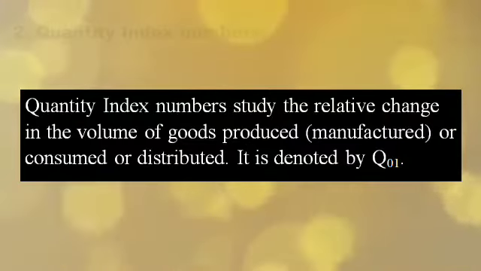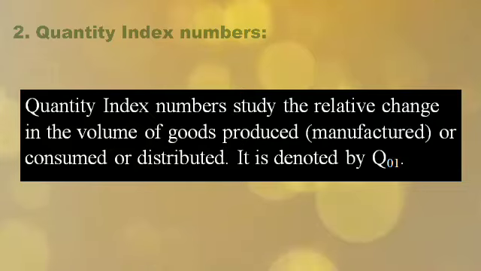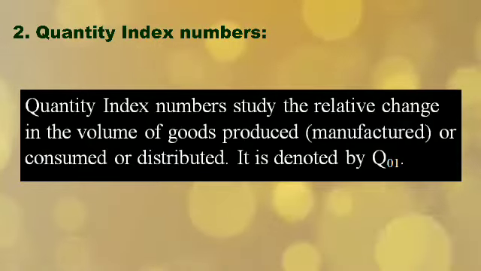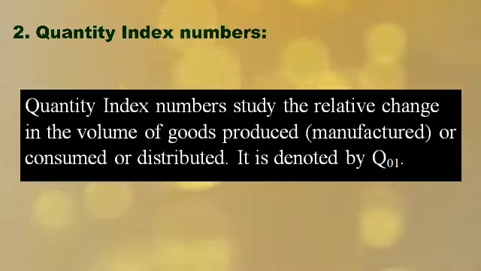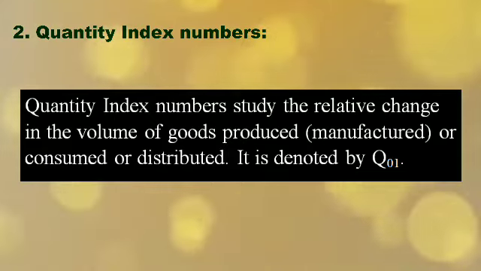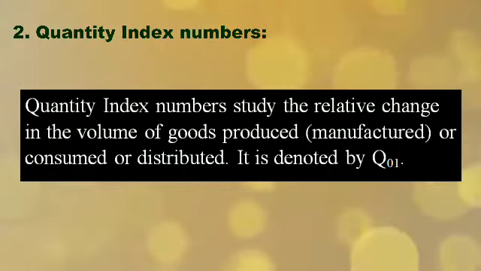Second one, quantity index number. It is quite similar to the price index number. Under price index, you are comparing the price value. In quantity index, we are comparing the quantities between the base and the current year. Quantity index numbers study the relative change in the volume of goods produced, manufactured, consumed or distributed.